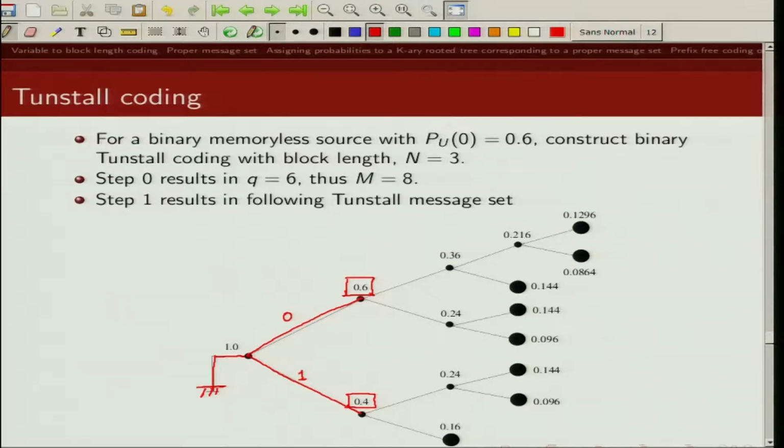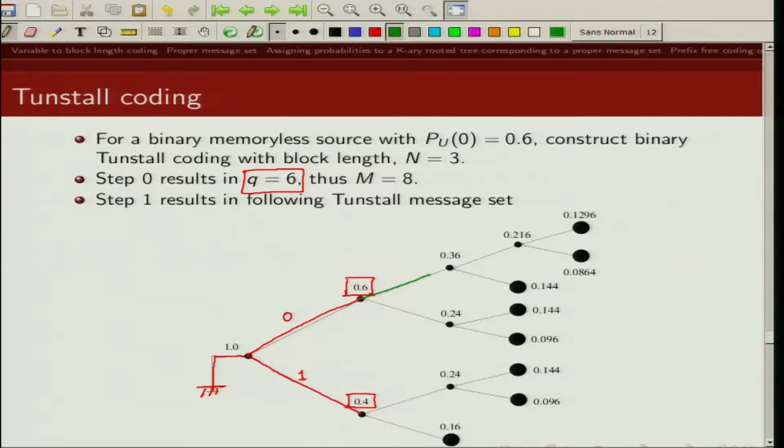Now remember, I need to do 6 extensions of the most likely leaf, correct? So this is my extended root and I need to do 6 extensions of that. So first, what should I do? Note here 0.6 is more than 0.4. So first I should extend this node which has probability 0.6.